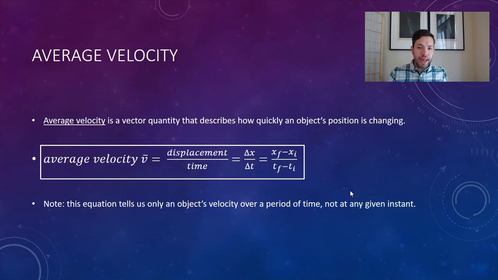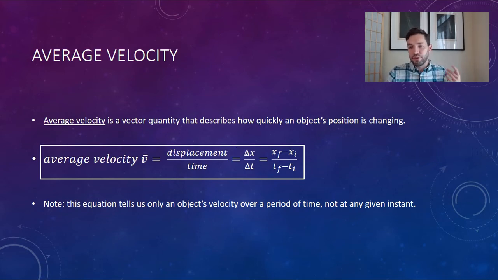When we're looking at average velocity, we talked about how speed is distance divided by time. Velocity is displacement divided by time. That is defined as the change in your position divided by the change in your time. Now, these triangles are the Greek letter delta, and in science, they are used to represent change.